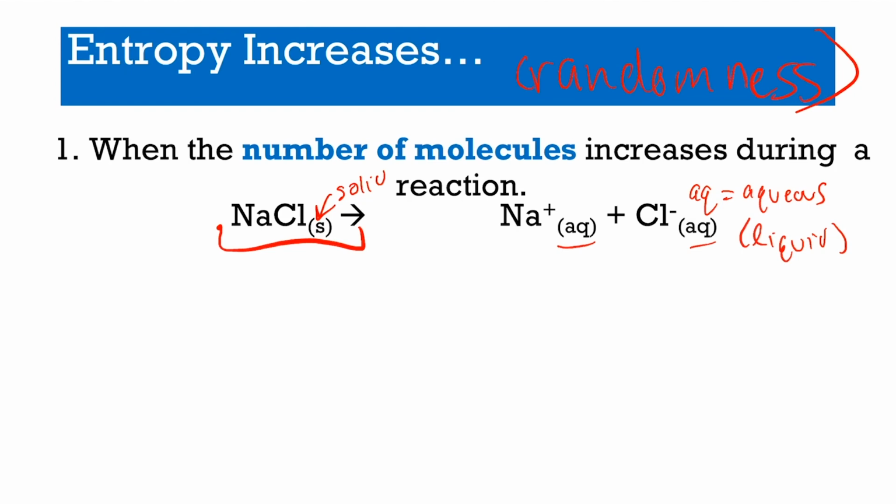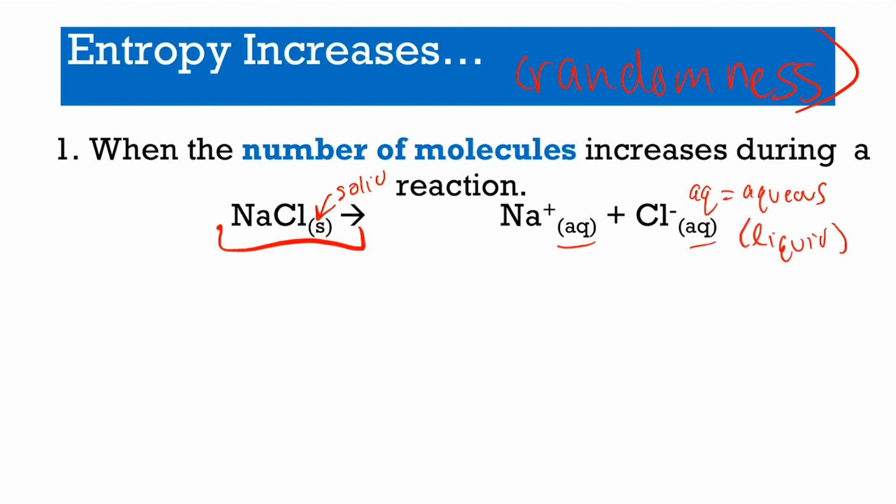Right now we're talking about factors that increase entropy. The first thing we just talked about is the phase of matter. Solids generally have a lower entropy compared to liquids.